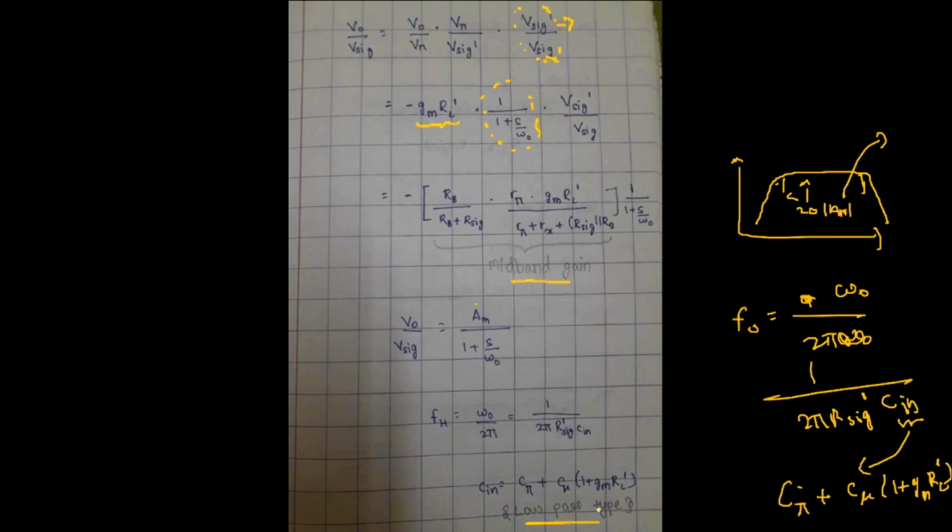So how do we actually find out whether a given circuit is high pass or low pass? We have a look at the gain, which is VO by V signal, and in this case we have it in terms of 1 divided by 2 pi.